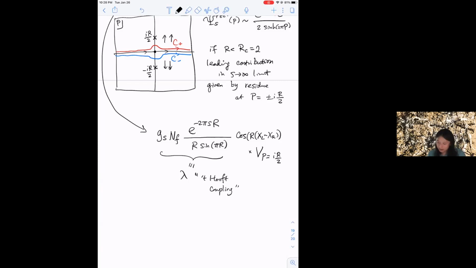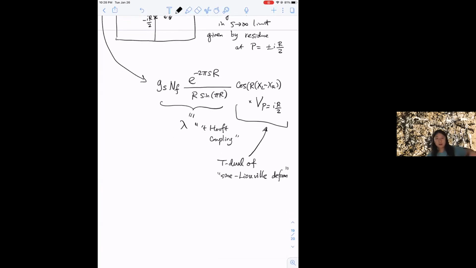And what is this vertex operator? This is known as the T-dual of sine Liouville deformation. By construction here it is marginal. So we start with the Liouville theory times a compact boson in Euclidean time, but then we're deforming that background by this T-dual of sine Liouville coupling, which involves a winding mode.